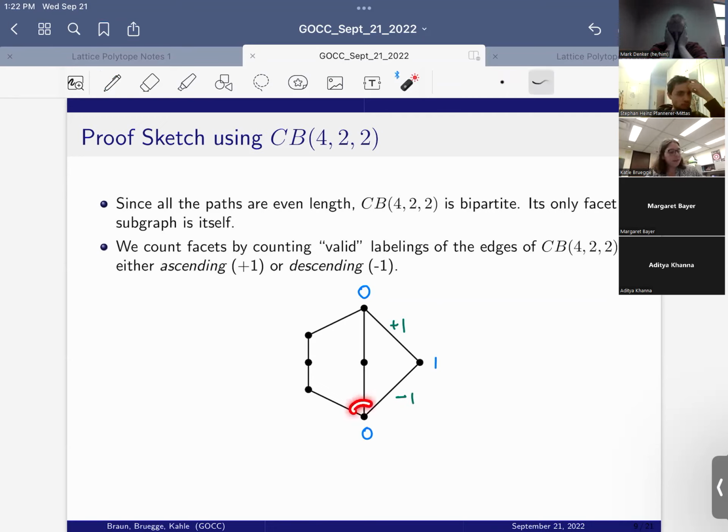But now that we have labeled this vertex as a 0, it has determined how many descending and ascending edges we need on this path and how many we need along this path. Right? So once the choice of ascending and descending edges is made on the shortest path, it determines how many choices we have on the other paths.